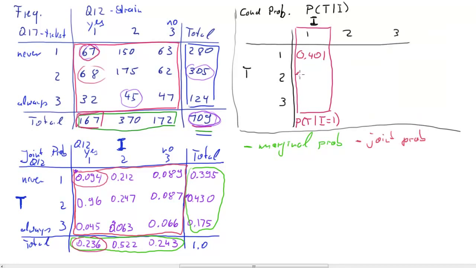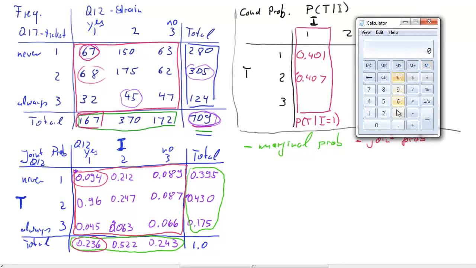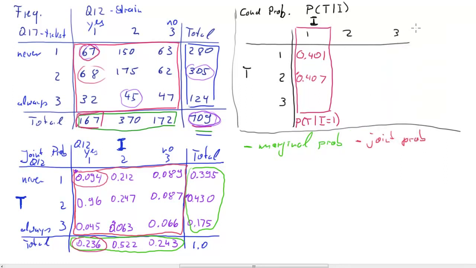So 0.407, and then the last case will be 32 divided by 167, and what we get there is 0.192. So that goes in here. So that's the probability of t equaling 3, conditional on I equals 1.